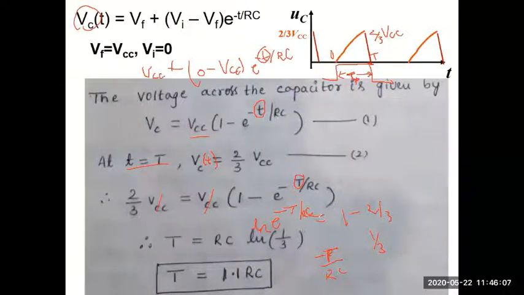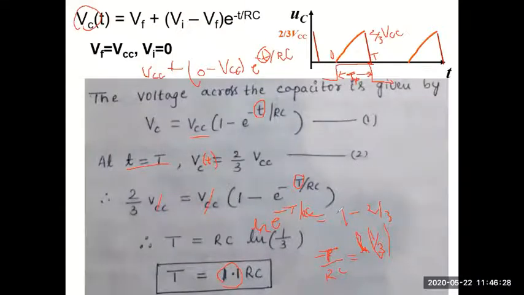So whatever is there in the exponent will come to the left hand side. And for the right hand side also, I should take the natural logarithm ln of 1 by 3. So this ln of 1 by 3 turns out to be 1.1, and we already have RC here, RC into ln of 1 by 3.